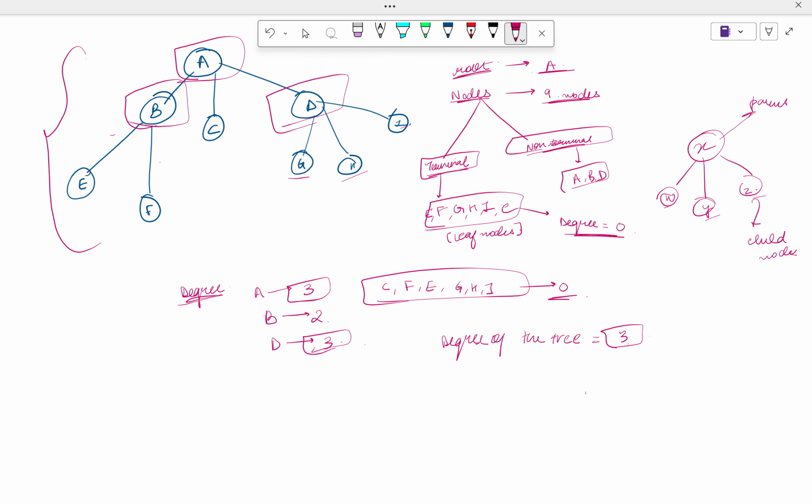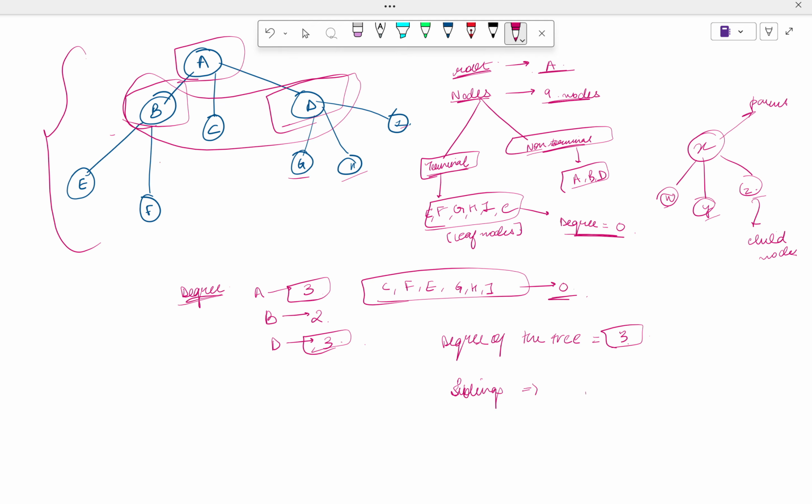Siblings all come from the same parent. B, C, and D come out of the same parent, so they can be called siblings.